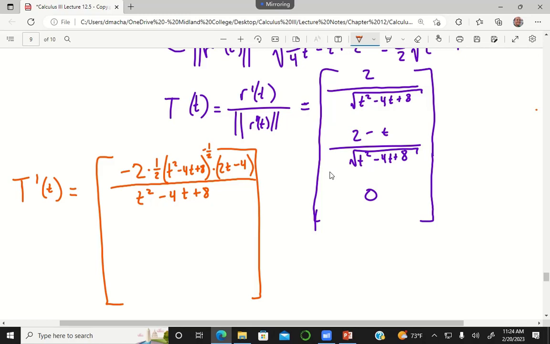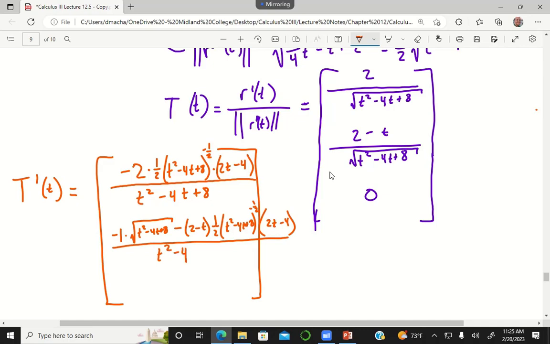Okay, and then the second component here is going to be f prime, which is -1, times g, which is the square root of t squared minus 4t plus 8, minus f, which is 2 minus t, times g prime, which is 1/2 t squared minus 4t plus 8 to the power of -1/2 times 2t minus 4, all over t squared minus 4t plus 8, and then my c component is 0.